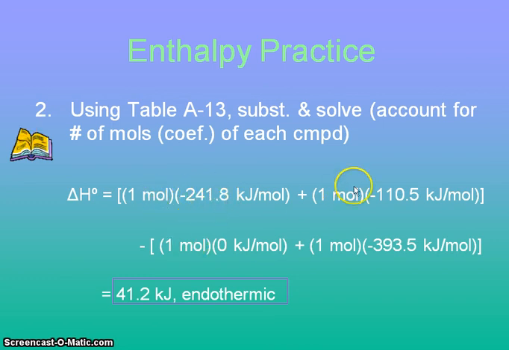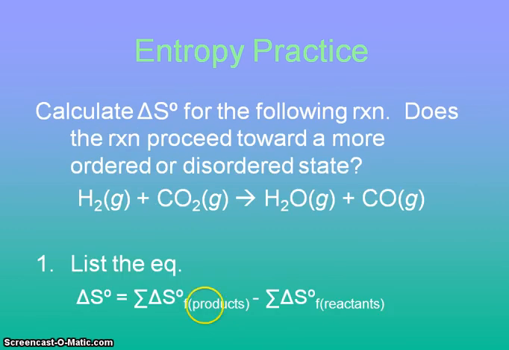These numbers just came from Table A13 in your book. Here were the products that I added together, here were the reactants, and I subtracted the reactants from the products. That comes out to 41.2 kilojoules, and since it is a positive value, this is an endothermic reaction. We do the same thing for entropy.